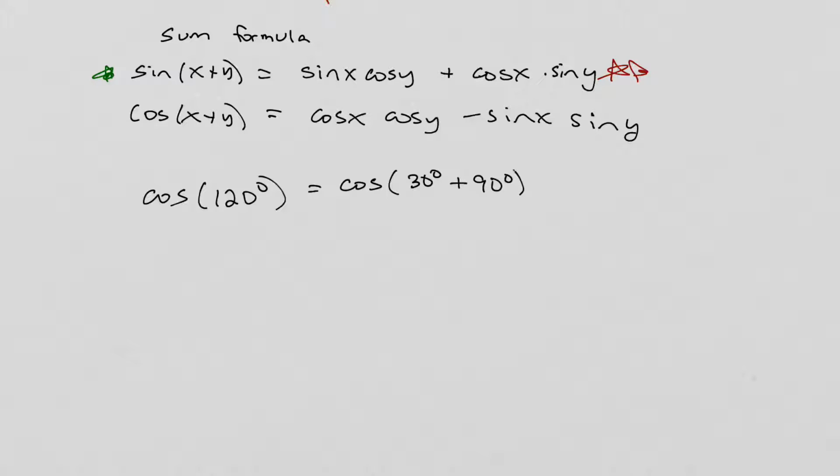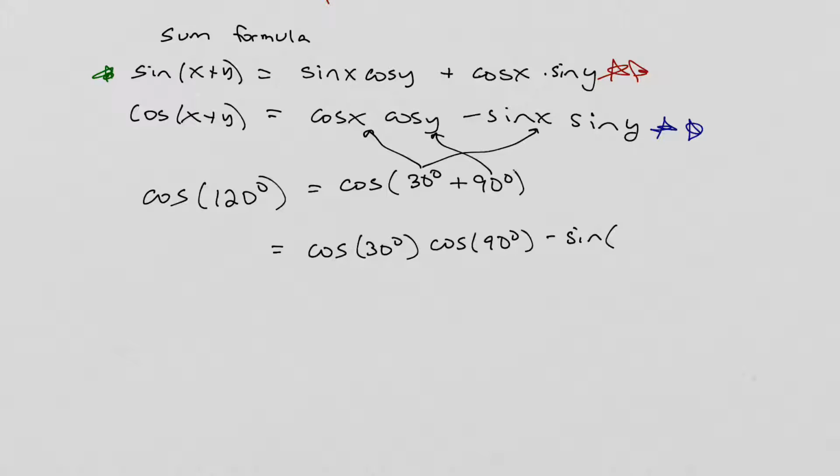And if I use this formula for cosine, this will become cosine of 30 degrees, just plug it right into there, times cosine of 90 degrees, minus sine of my first one, 30 degrees, times sine of my second one, which is 90 degrees.